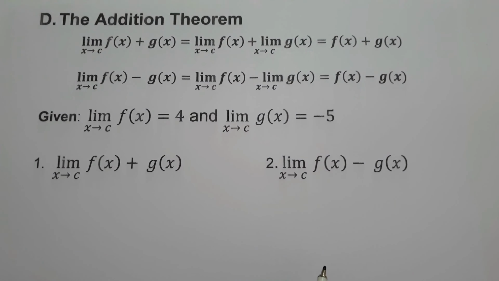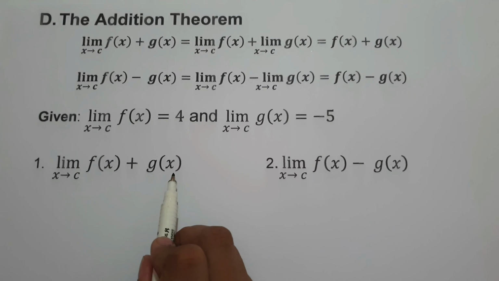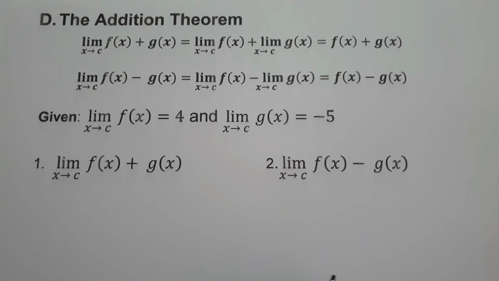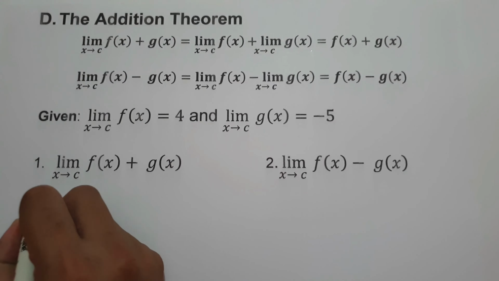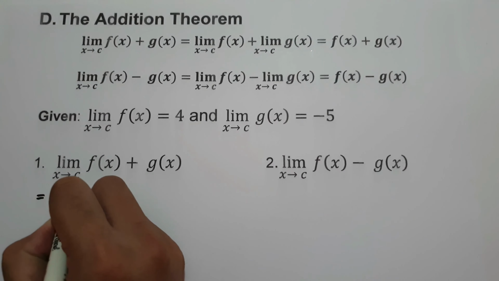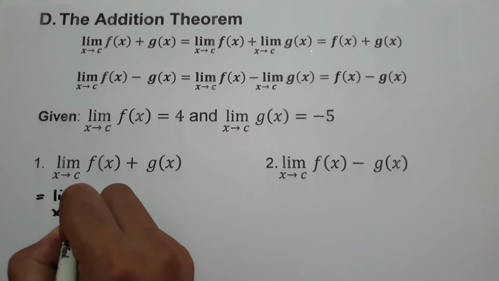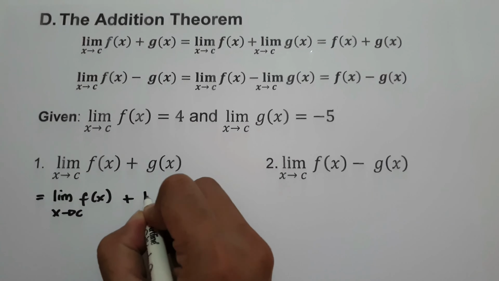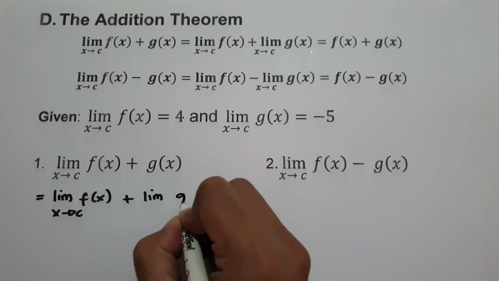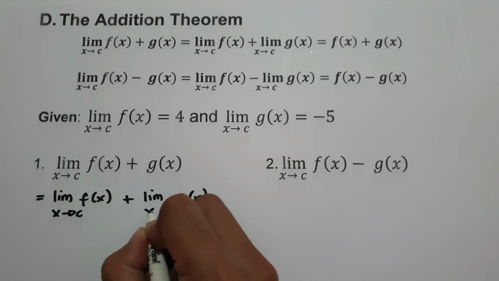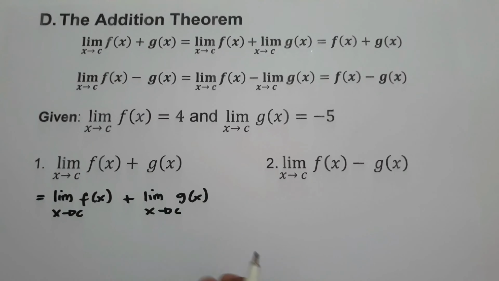On number 1, we have the limit of f of x plus g of x as x approaches c. So how do we simplify this one? Using the addition theorem. So that is the limit of f of x as x approaches c plus the limit of g of x as x approaches c.